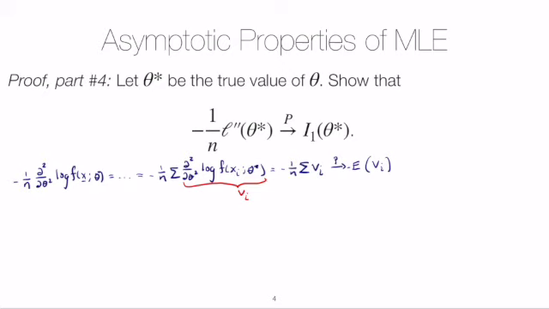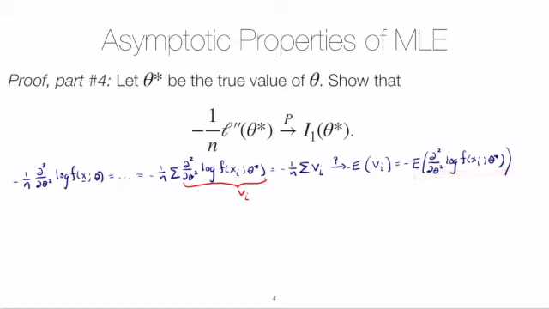Well, what is the expected value of V_i? Let's plug that in. Each V_i was the second derivative of the log of the marginal distribution. And this is basically the definition of the Fisher information.